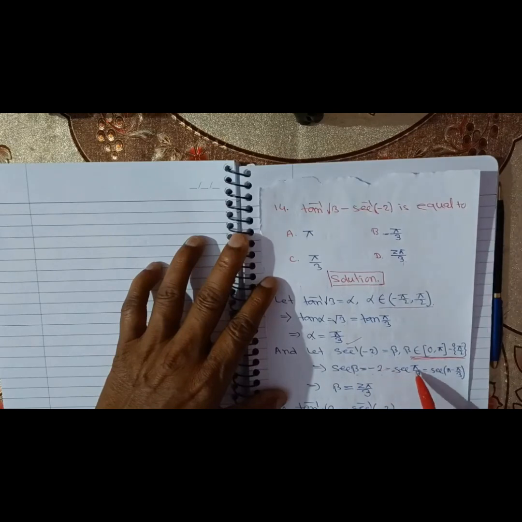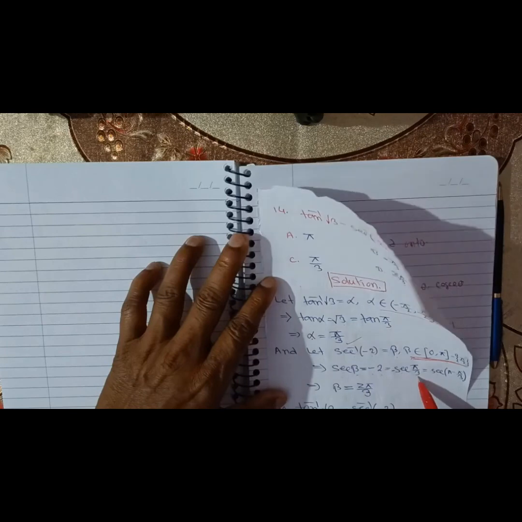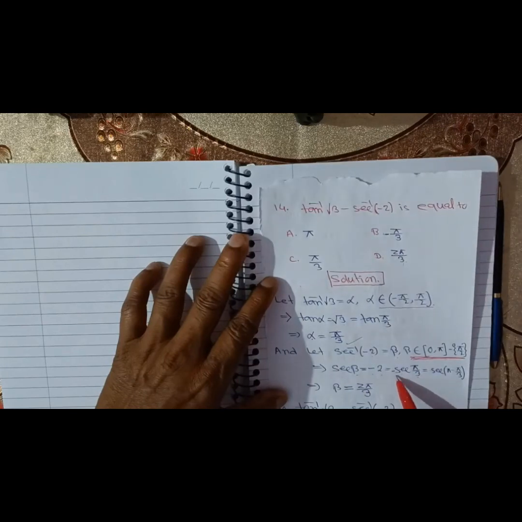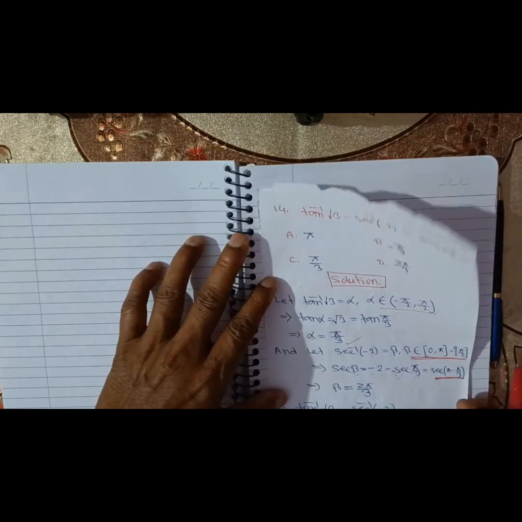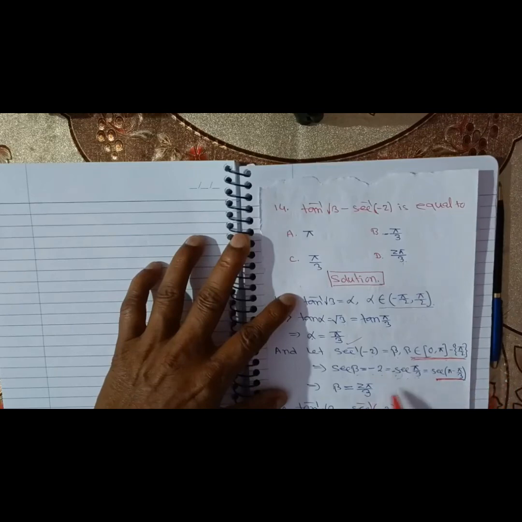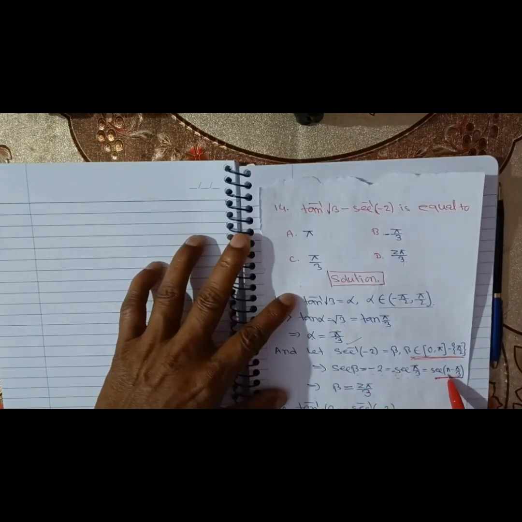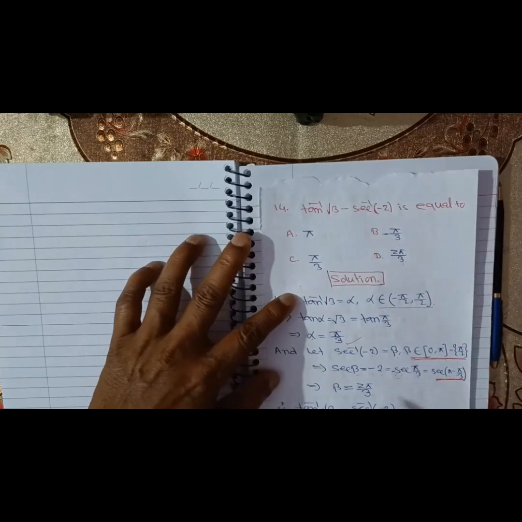Since 2 is sec pi by 3 from the chart, minus sec pi by 3 can be written as sec of pi minus pi by 3, from the class 11 rule, which was already discussed. Therefore, beta is equal to twice pi by 3, after calculating pi minus pi by 3.